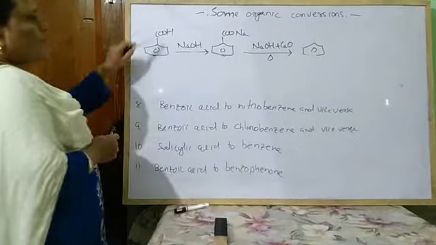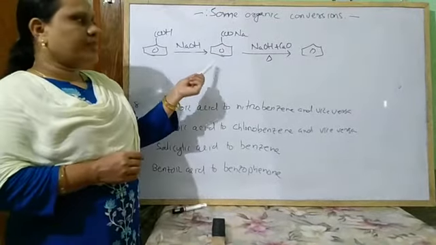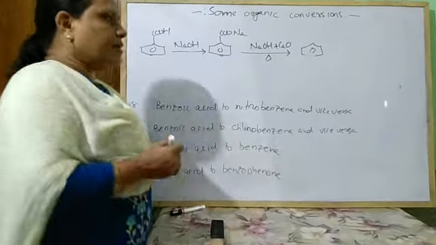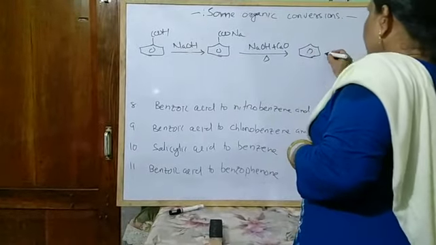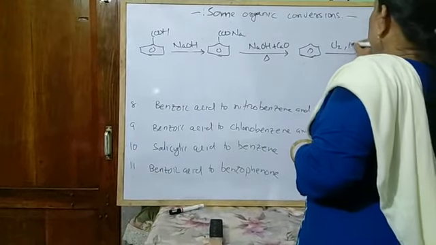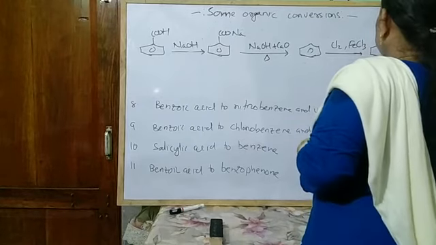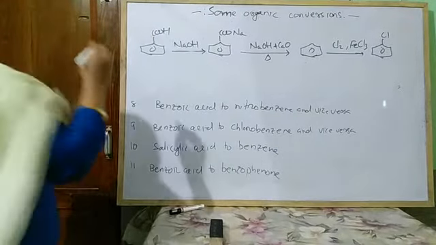So first benzoic acid, sodium hydroxide forms sodium benzoate. Sodium benzoate heated with soda lime forms benzene, and benzene when treated with chlorine in presence of ferric chloride, it forms chlorobenzene.